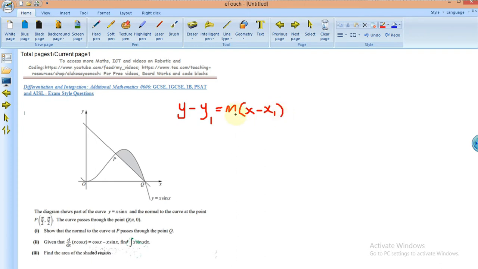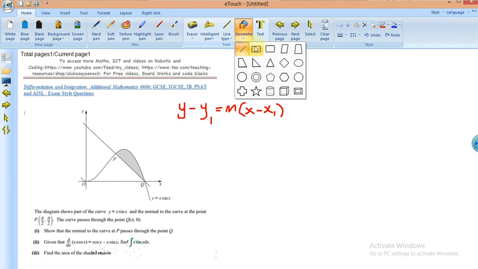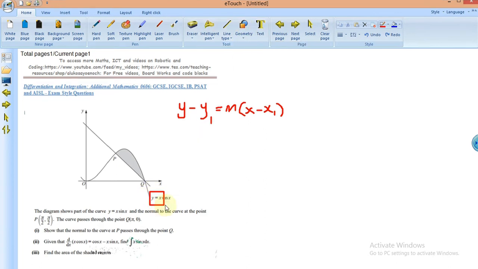Now, the first thing we have to do here is to work on this function. Let me put that in a rectangular box. So we have to work on this function y equals x sine x, because this is the equation of this curve here.